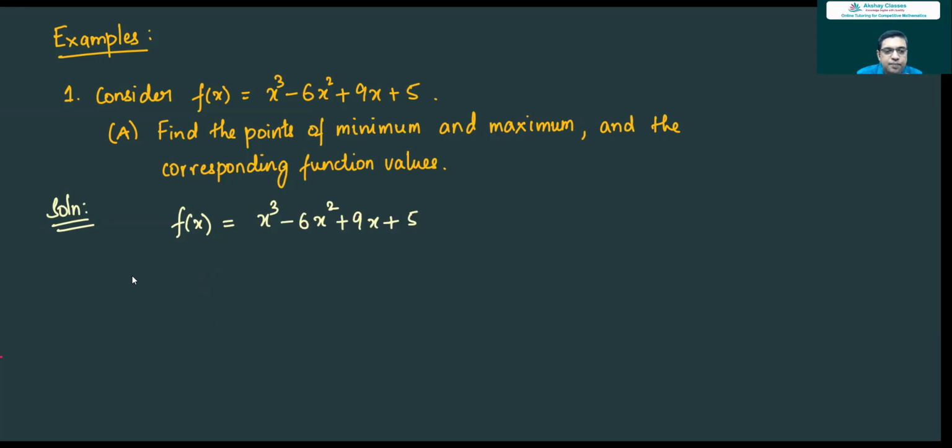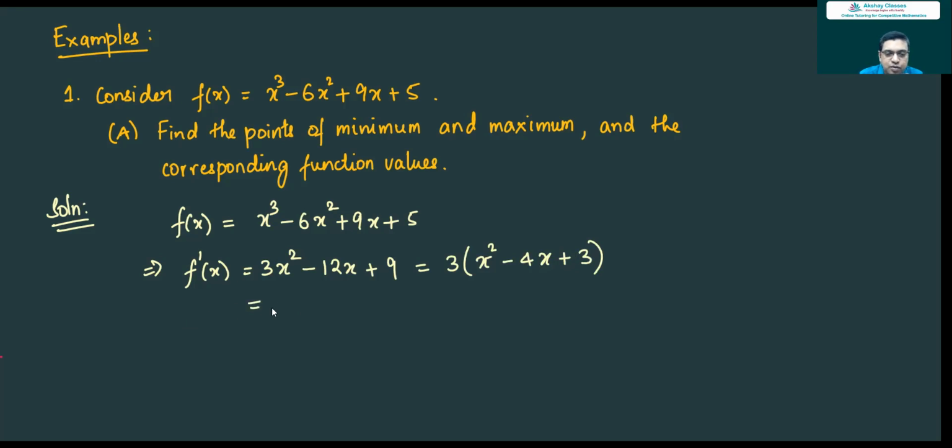Next, using the second derivative test, this is f of x. f of x is x cubed minus 6x squared plus 9x plus 1. Now differentiating, this implies f dash x will be 3x squared minus 12x plus 9, which will be 3 into x squared minus 4x plus 3.